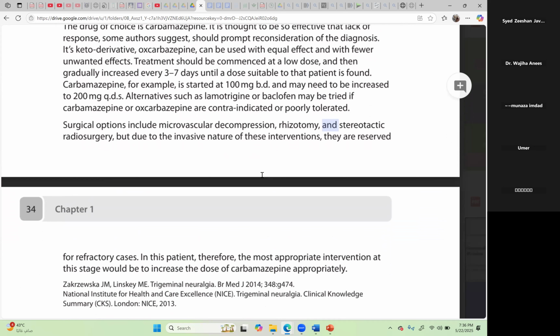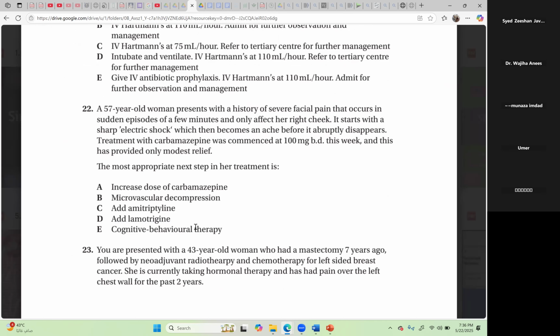Surgical options include microvascular decompression, rhizotomy, stereotactic radiosurgery, but due to the invasive nature of these interventions, they are reserved for refractory cases. In this patient, therefore, the most appropriate intervention at this stage would be to increase the dose of carbamazepine. So, what else will be?